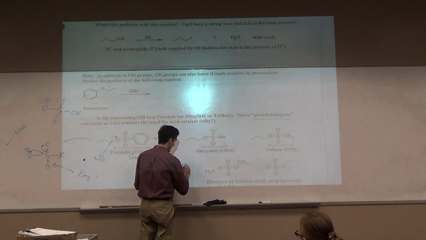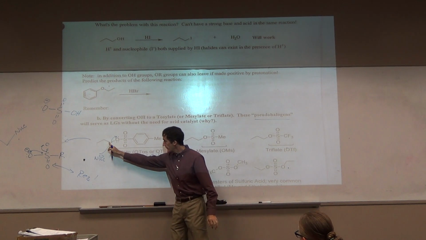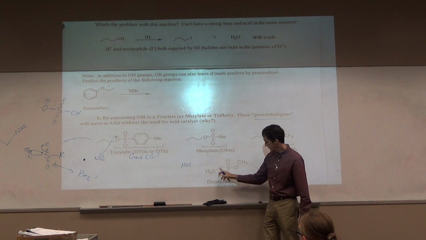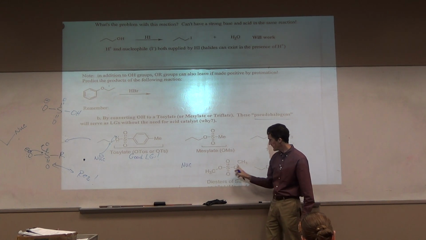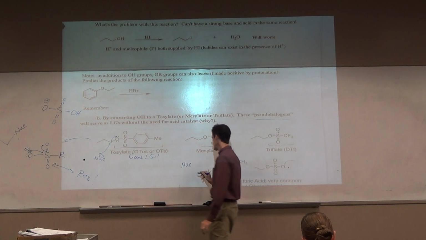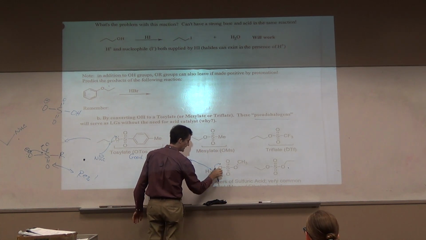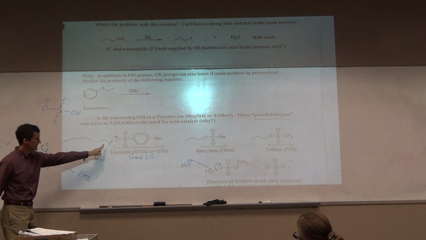But here, you don't have a methyl tosylate. This is not a toluene over here or any of these. It's got a repeat over here. But it still acts the same way, and we can attack the carbon and kick that off, just like we did here.